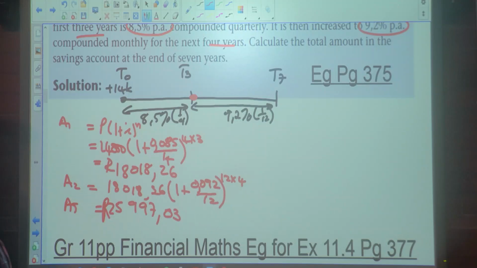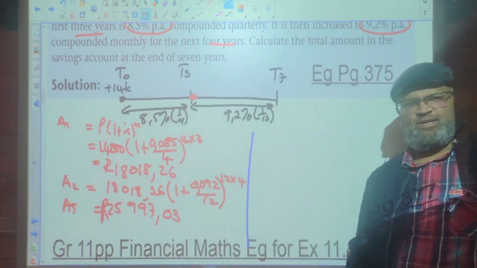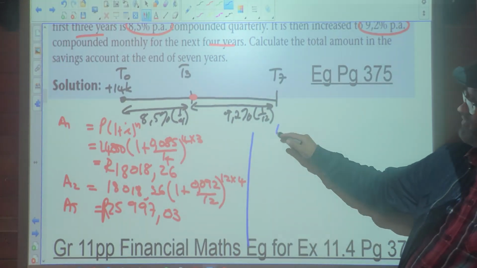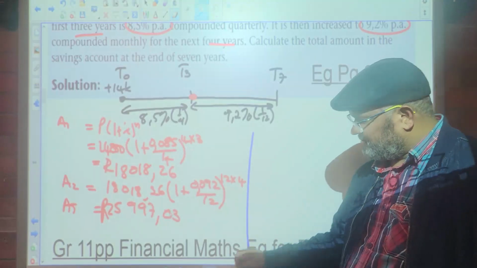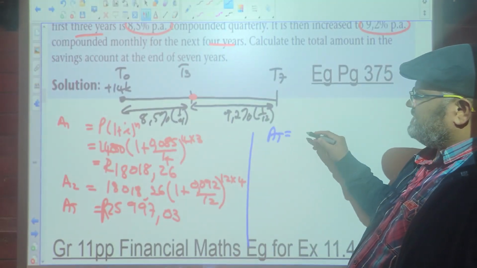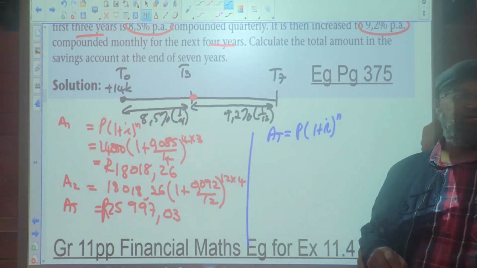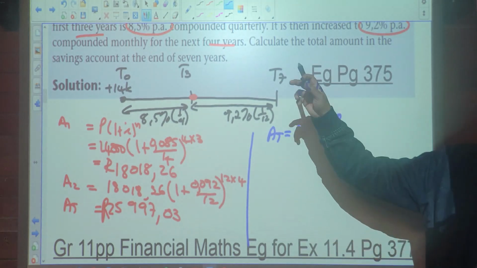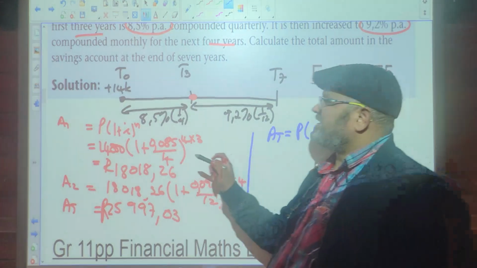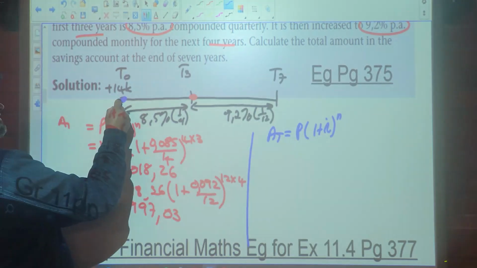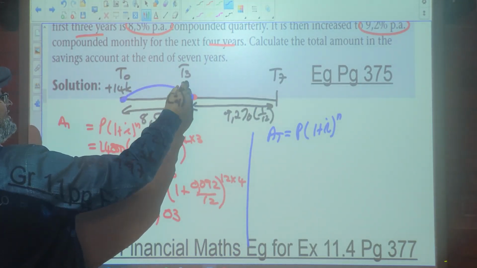So that's one way. Well, this is the method I will be implementing. I'll start off again with the formula. A total, the final amount, is equal to P into 1 plus i to the exponent. Why that formula? Because it's compound. Okay? So what I do is I take the 14,000 Rand, and the 14,000 Rand will go up until T3.